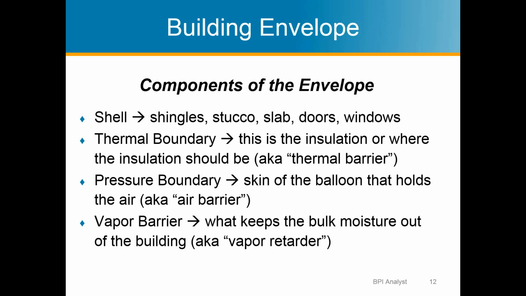So you've got an uninsulated wall where there's really no insulation, but we'd still call that the thermal boundary. It's doing the best it can without insulation. And then the pressure boundary, you can think of it as the skin of the balloon, but it's really what surface is stopping air from leaking in or out of the house. That's called the pressure boundary.